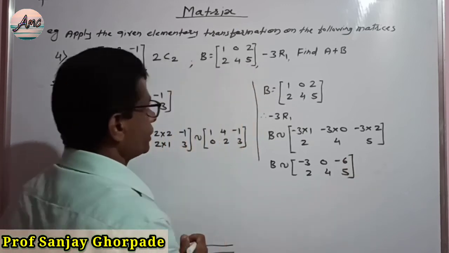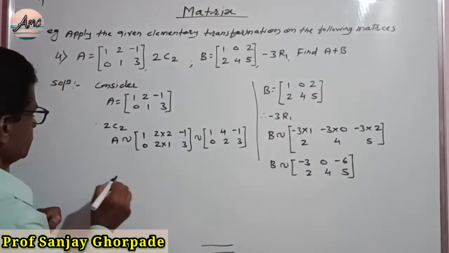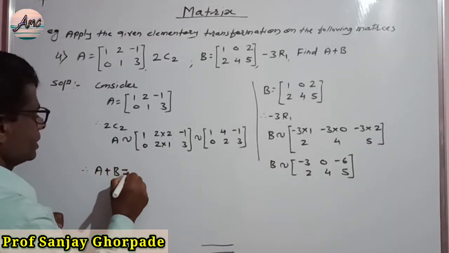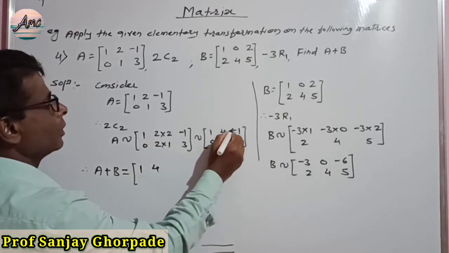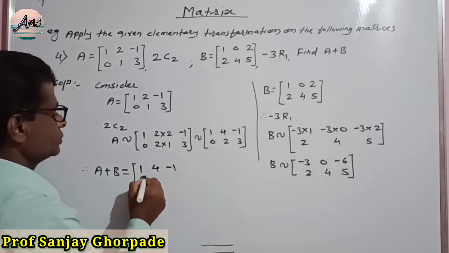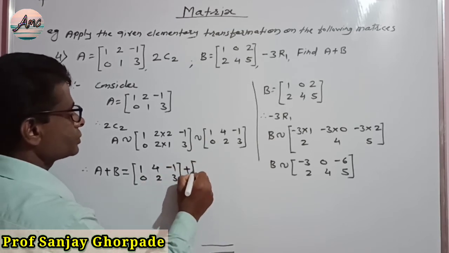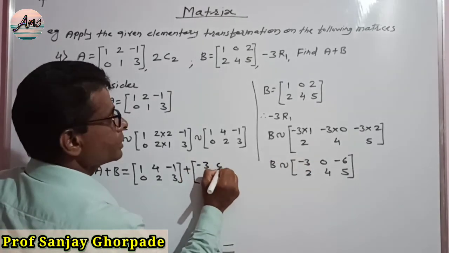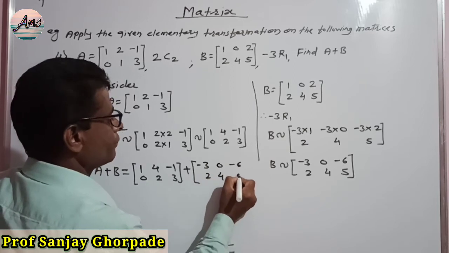Now you have to take the addition of the new matrices. Therefore, matrix A plus matrix B. Matrix A is 1, 4, minus 1, 0, 2, 3, plus matrix B, which is minus 3, 0, minus 6, 2, 4, 5.